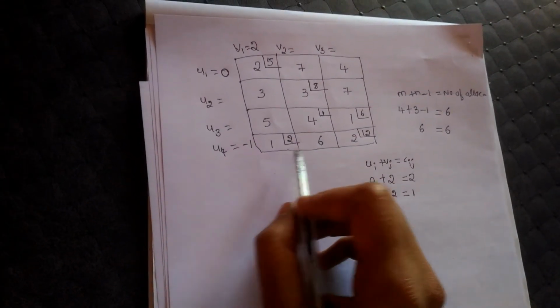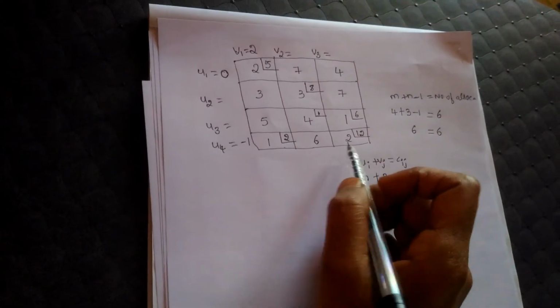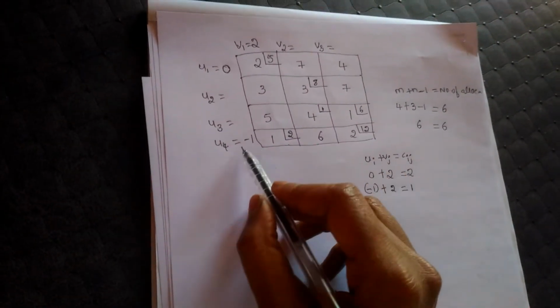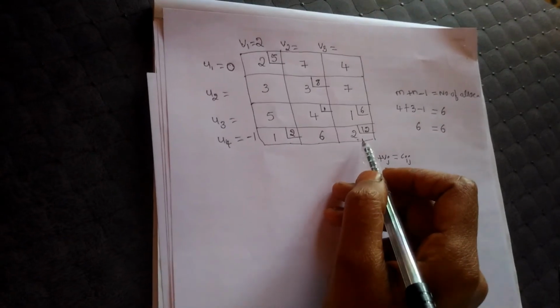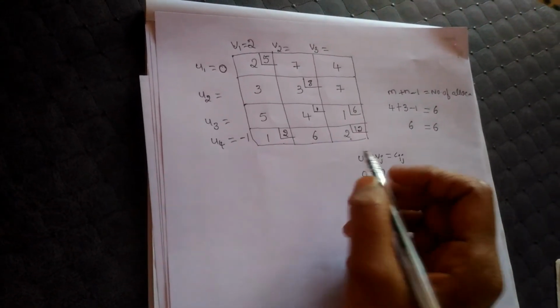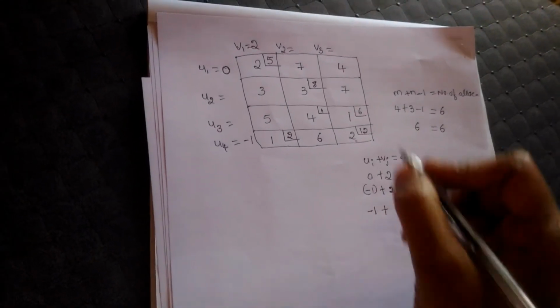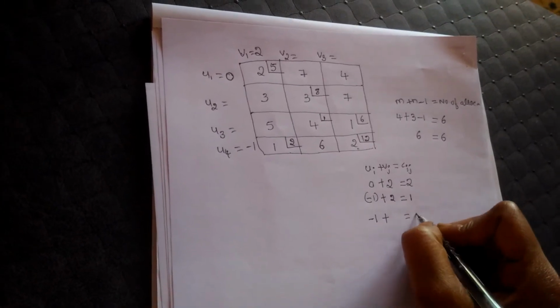Similarly, check in the same row if there are any more allocations, to make your job easier, so that you come up with a value for either a u or a v next. This row has one more allocation, in the 4th column, and that column has a value for the row but not for the column. So I know u is minus 1. I don't know the value of v, but I know that Cij is 2 here.